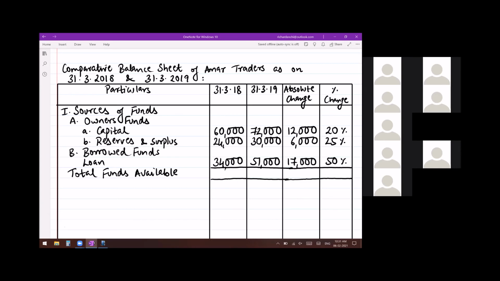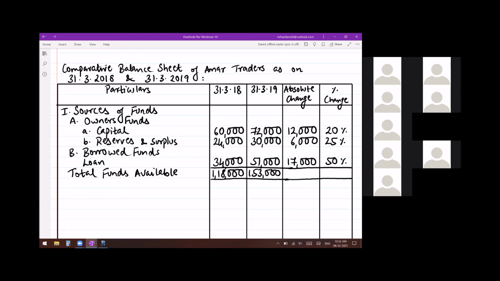What is the total? 1,18,000. Take 2019 total. 1,53,000.